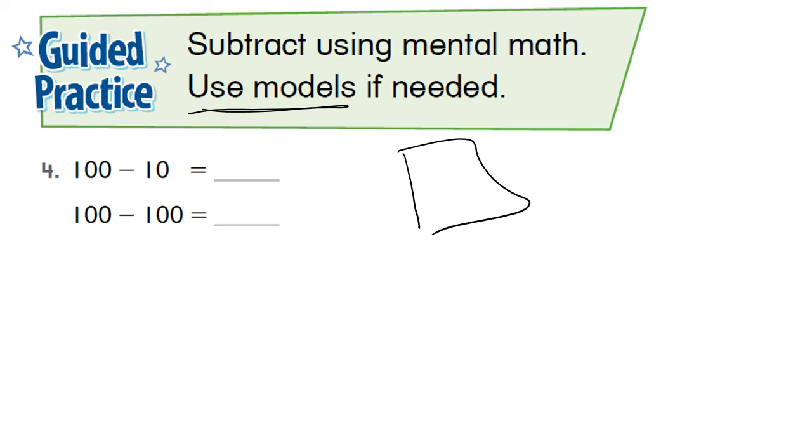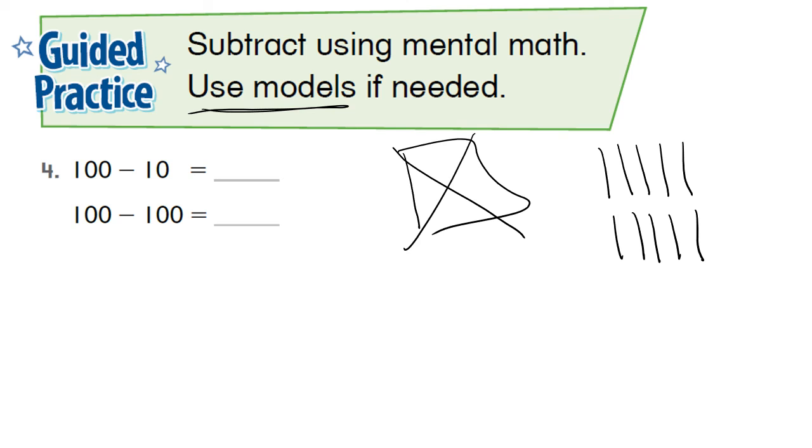But what I can do is I can break this flat up into 10 rods. It's still going to be the same thing. So 100 is the same thing as 10 tens. So if I take 1 ten away, I have 9 tens left over.